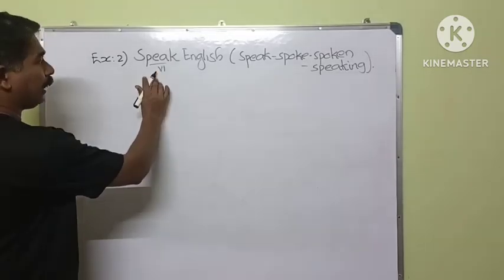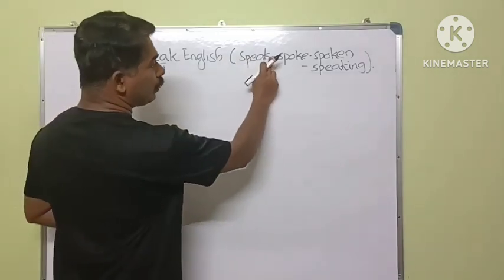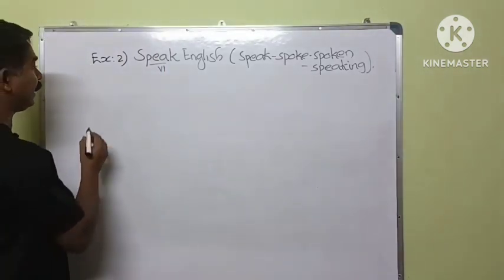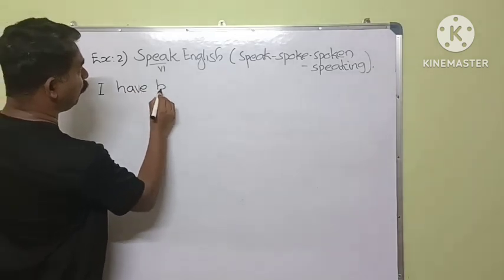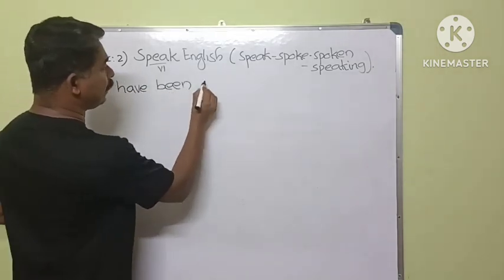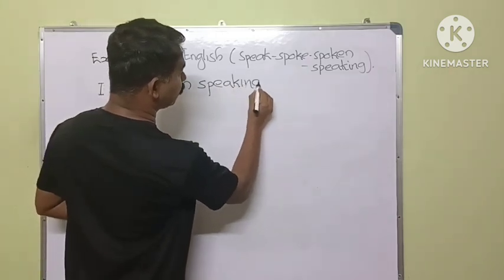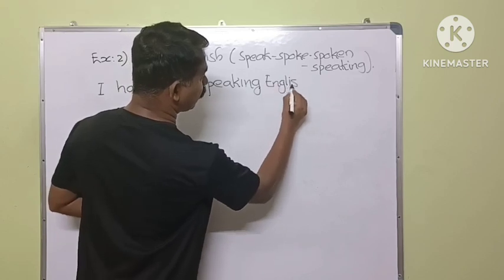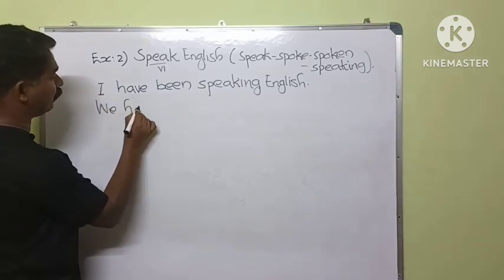Example number 2. Speak English. Speak is the first form of the verb. Speak, spoke, spoken, speaking. Let's form the sentences. I have been, speak plus ing, speaking. I have been speaking English. Full stop. We plus have.